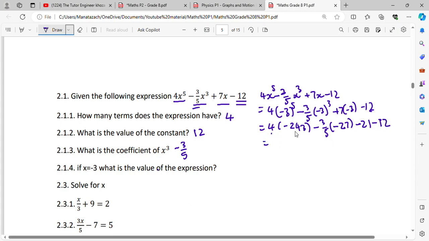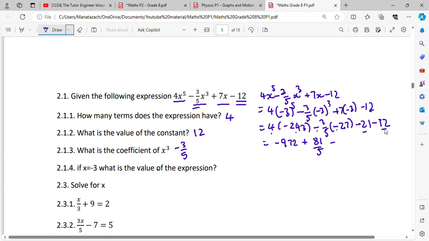Then 4 times minus 243 is minus 972. Then here we'll have plus. Remember, minus times minus will give you a plus. So 3 over 5 times 27 is 81 over 5.